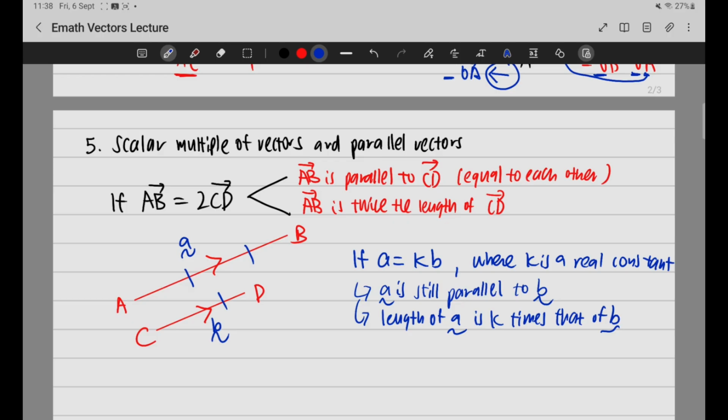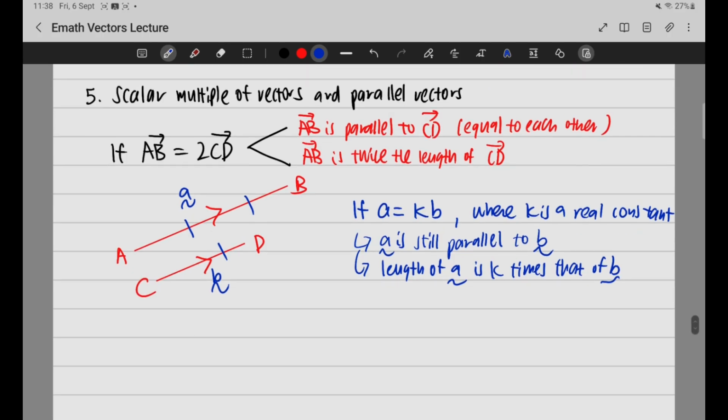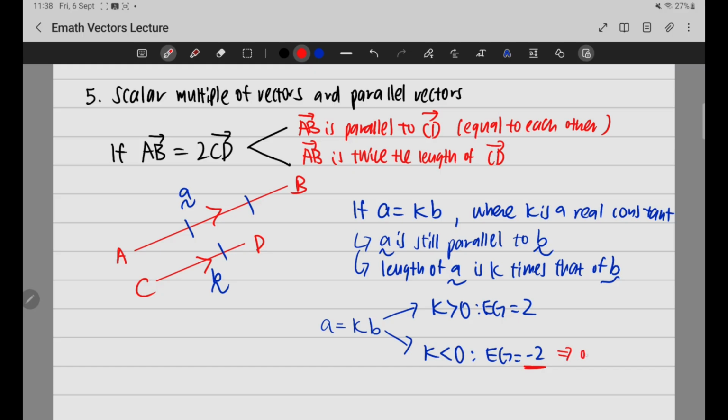And then another thing to note is that, let's say we have a equals k b, but let's say k is negative, as opposed to k being positive, for example, 2. For example, negative 2. If you have a negative in your scalar multiple, this will flip the direction of b. And since this flips the direction of b, they will become opposite directions.